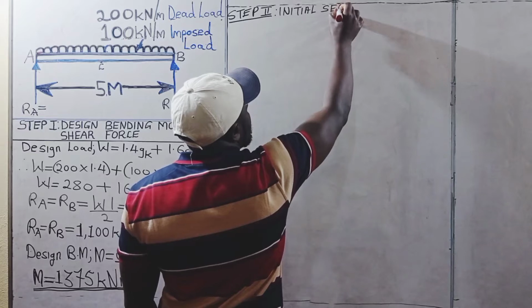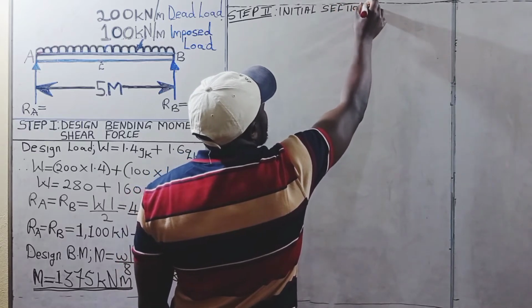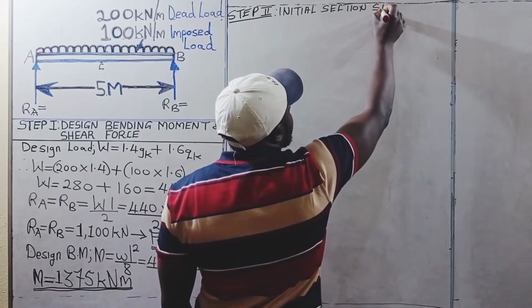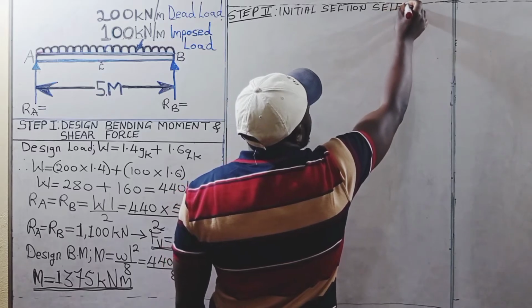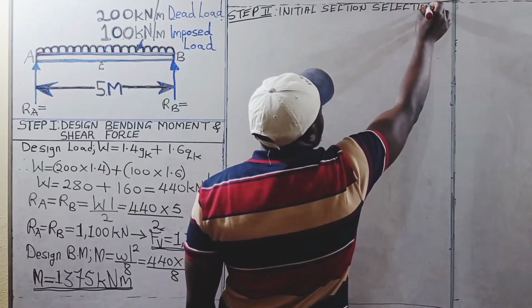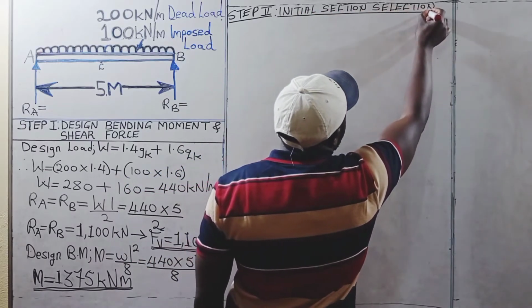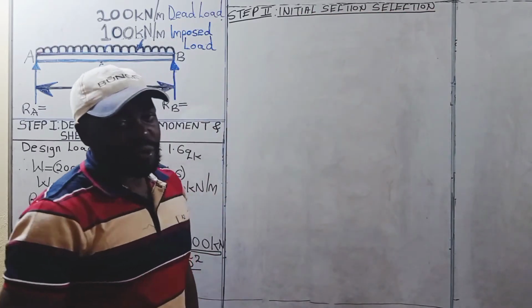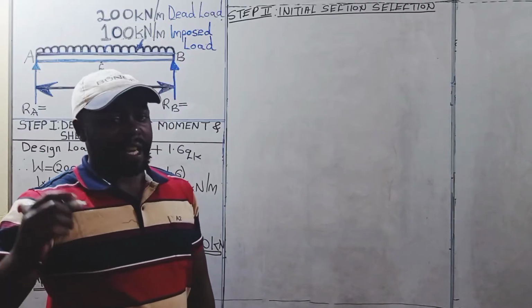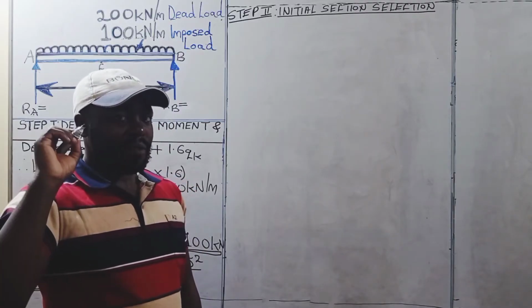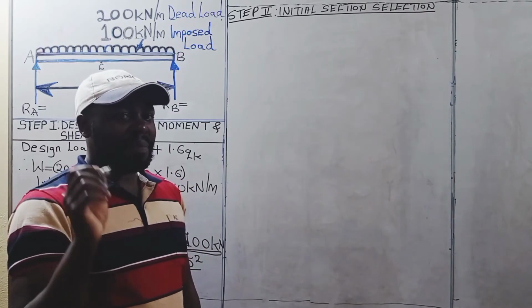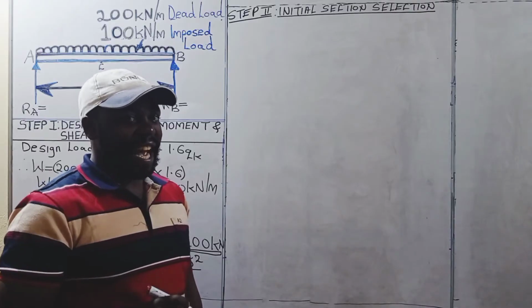And when we are selecting the section, we need to know the minimum plastic modulus about the x axis.